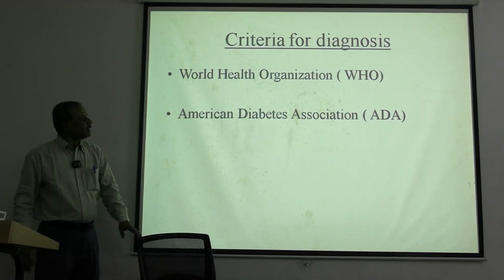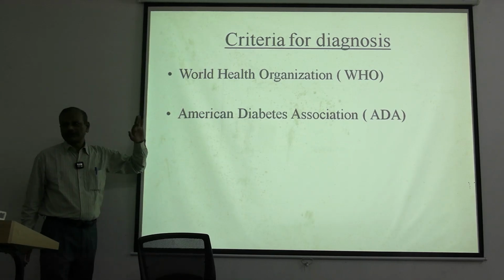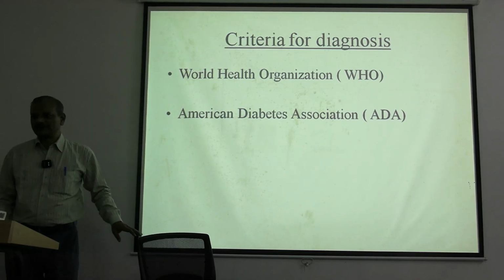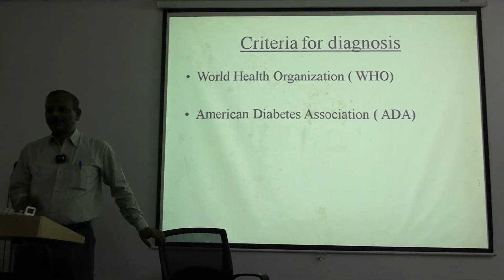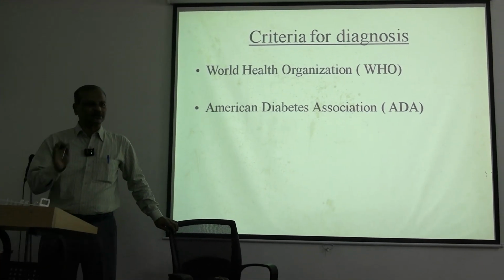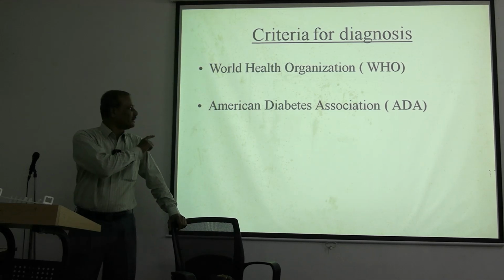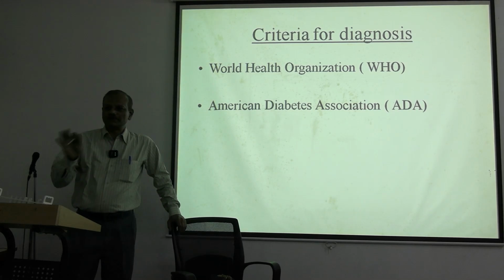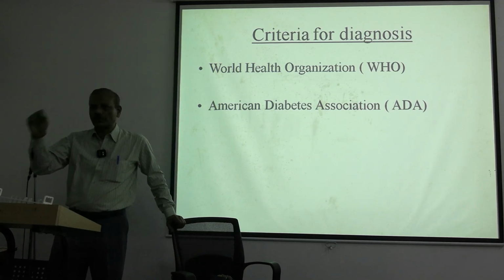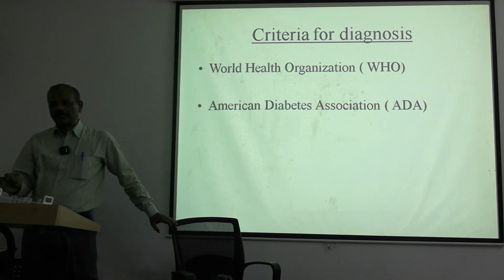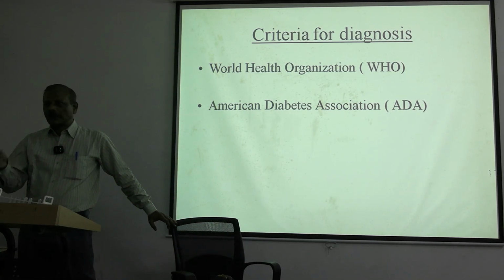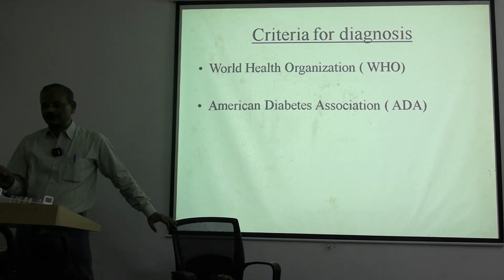Later, the American Diabetes Association came into the picture from 1997, and every year in the month of January they publish one article on ADA guidelines, that is American Diabetes Association guidelines. These guidelines are almost the same. You read at least one issue completely, and in the next issue see what changes are made.